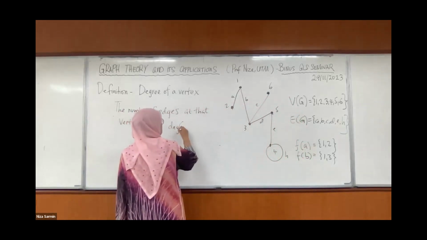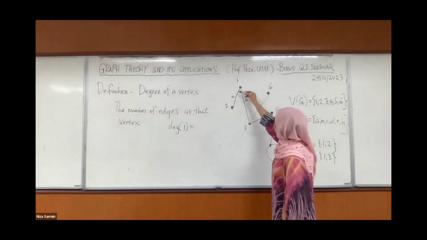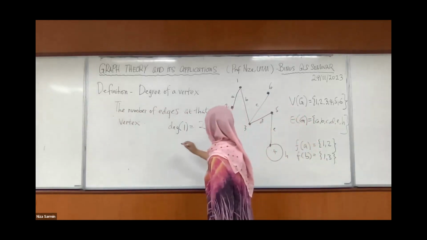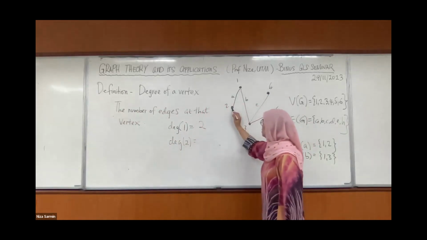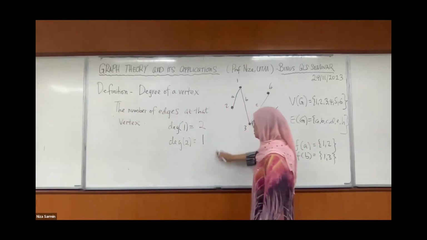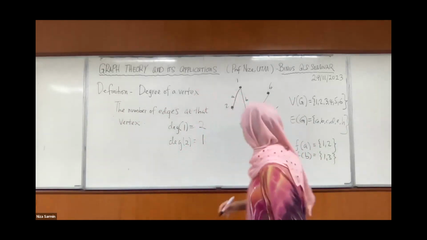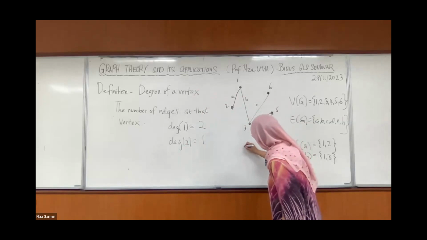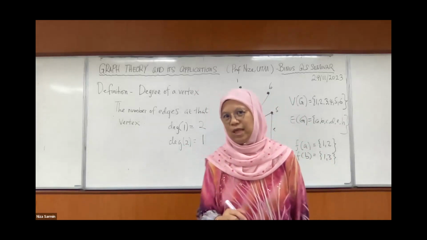You have the degree of 1 equals 1. Degree of 2 equals 1. What if I have one vertex like this? This is called an isolated vertex.